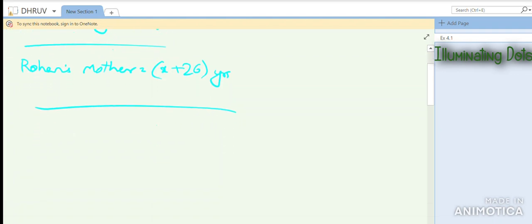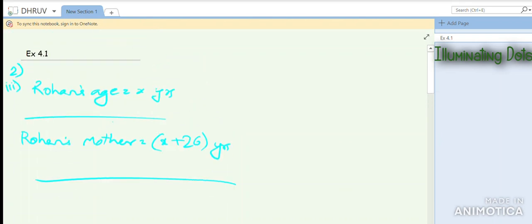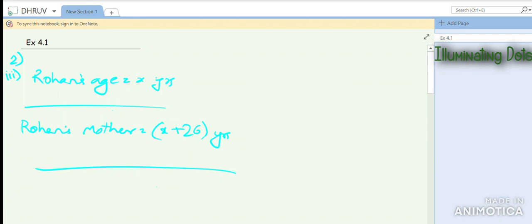The next part says the product of their ages 3 years from now will be 360. So we do not have to directly multiply x and x plus 26. We have to find the product of their ages after 3 years. So after 3 years, Rohan's age will become x plus 3 and Rohan's mother's age will become x plus 26 plus 3, that is x plus 29 years.